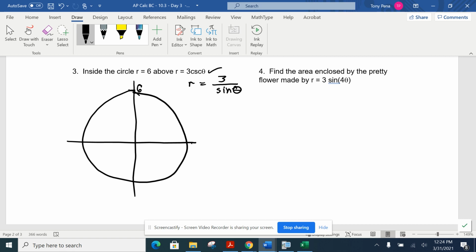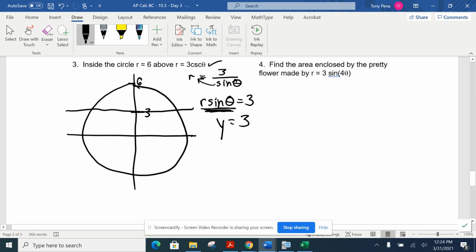So when I say we could probably do this one without our calculator, the reason is let's multiply this sine of theta over so that we now have r sine of theta equals 3. Remember how r sine of theta is really y? So if you did throw that into your calculator, that should be giving you nothing more than a horizontal line through 3.